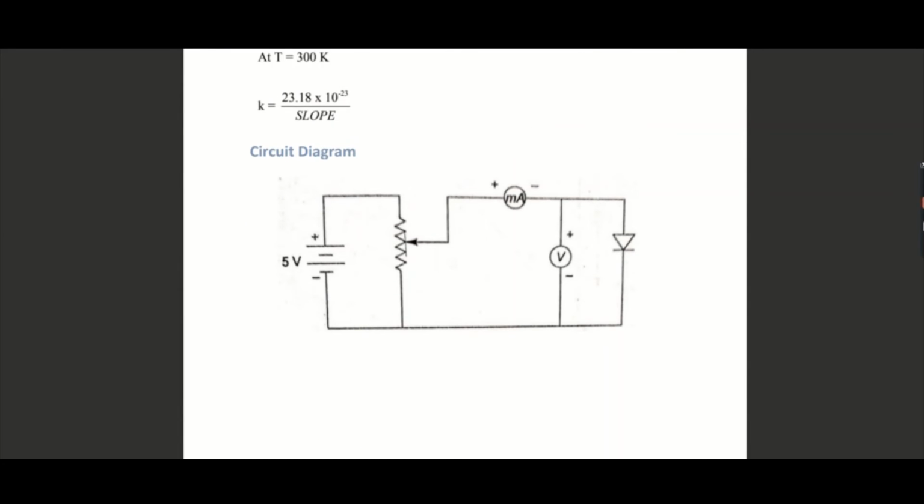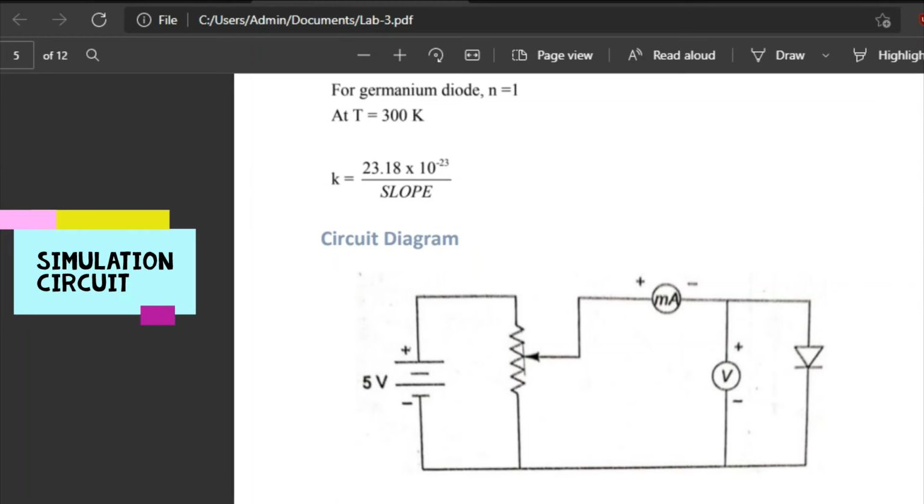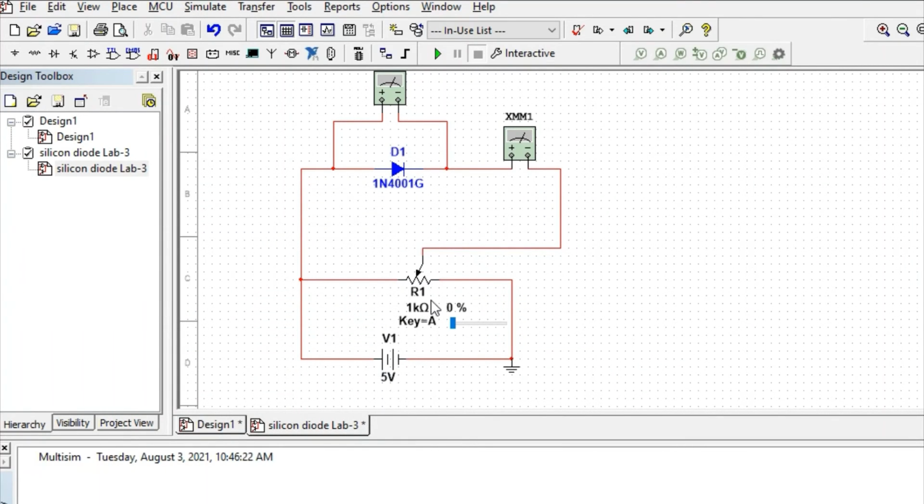Before going to the result, I am going to show how the circuit is drawn in Multisim. So here I have simulated the whole circuit as given in the presentation. Here this is a potentiometer we are going to use so that we can vary the current through this part.